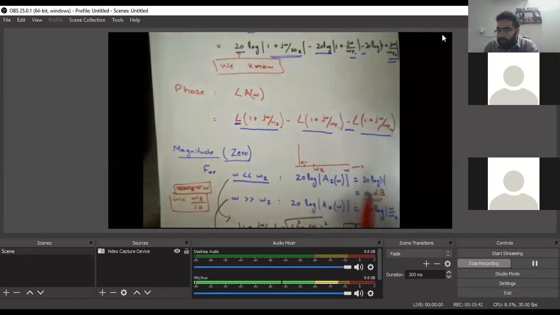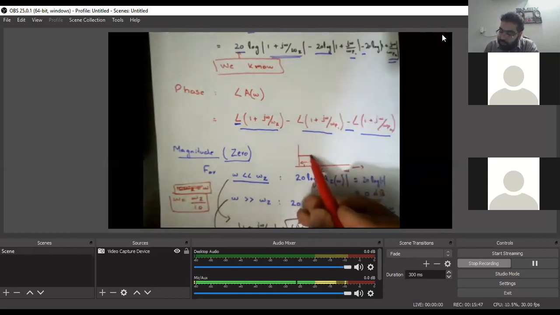But for approximation, we are going to do this: any frequency which is less than omega z, we are going to take it as 0 for our analysis.